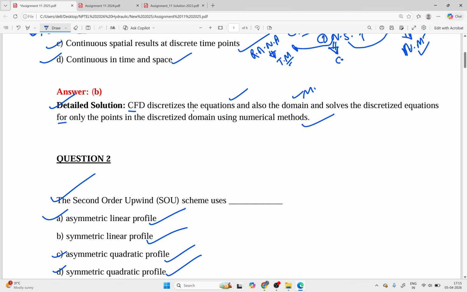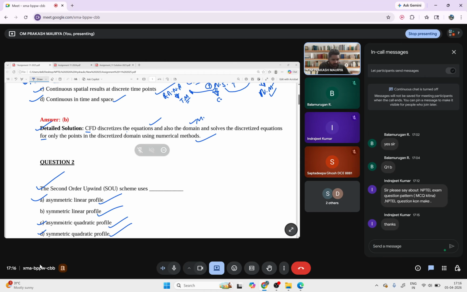So you have 4 options here: asymmetric and symmetric, and linear and quadratic. The second order upwind scheme uses... Please just recall your concept and try to write your answer in the chat box.